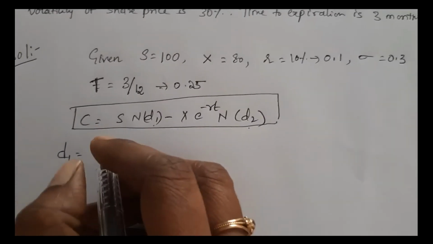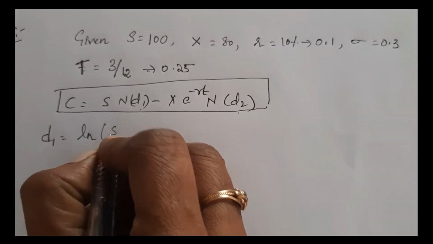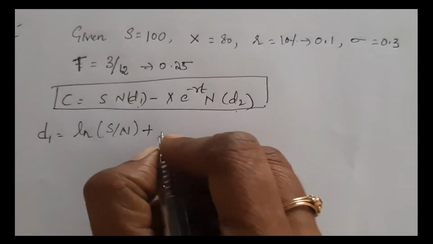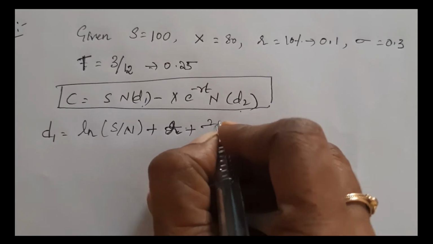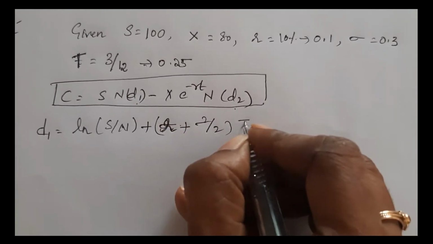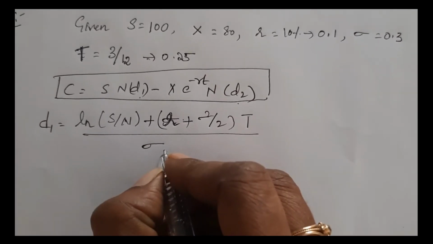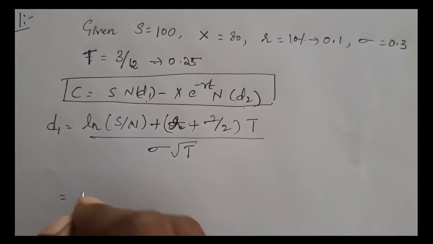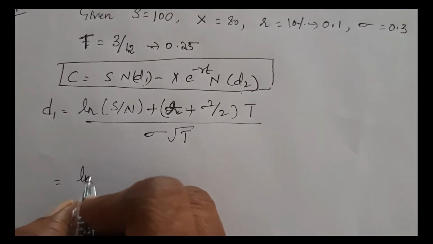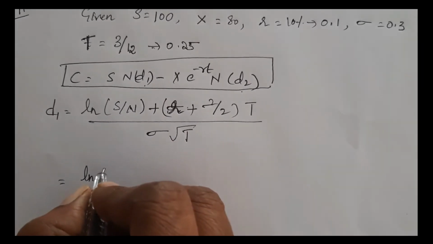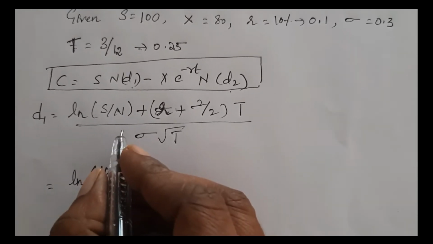So d1 formula is ln of S divided by X plus R plus sigma square by 2 into T, divided by sigma square root T. So ln means logarithm, natural logarithmic value we should take.